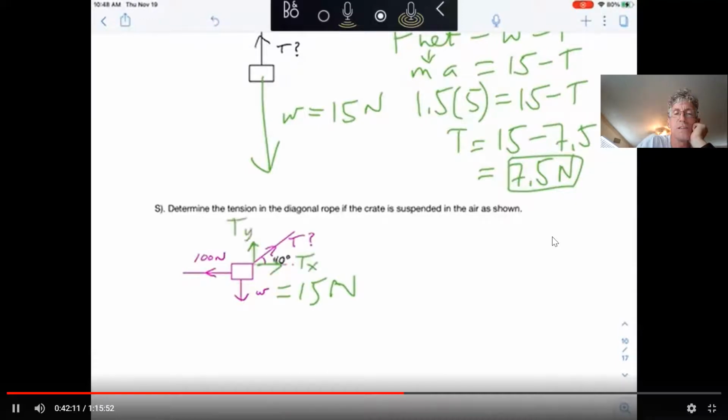No, we didn't. There's no normal force because it's suspended in the air. There's no force pushing up against it, so I can say Ty equals the weight. The vertical forces are balanced. So you know what Ty is.